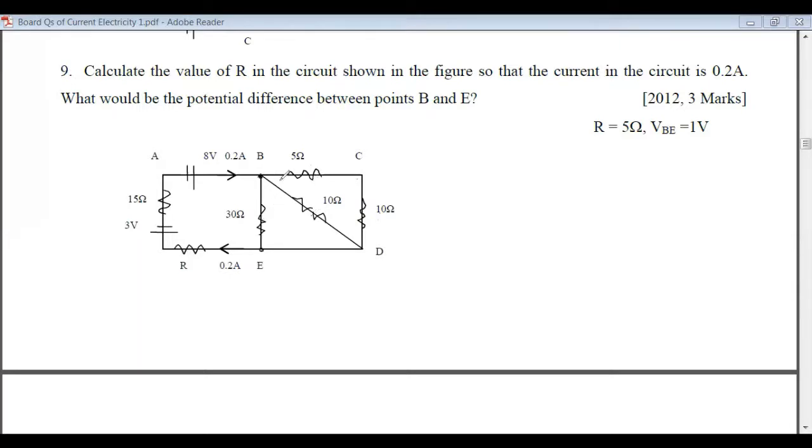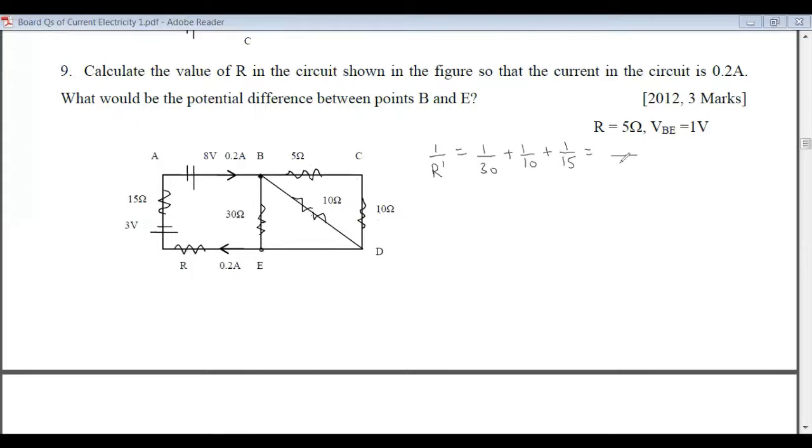So what will be the equivalent of this rectangular box BECD? Let it be R dash. So 1 upon R dash is equal to 1 upon 30 plus 1 upon 10, and the equivalent of this 5 and 10 is 15 ohms, so 1 upon 15.